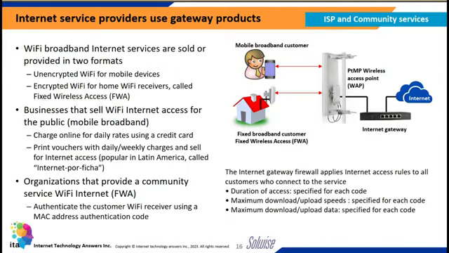ISP and community services. Well, I mentioned this a few minutes ago. These are companies that provide a Wi-Fi service for communities where there really is no alternative. We see this a lot in rural areas around the world, not necessarily in the United States and Europe, but outside those areas.